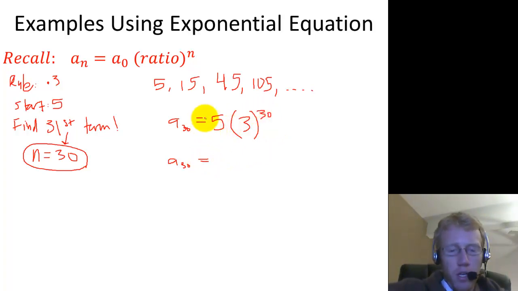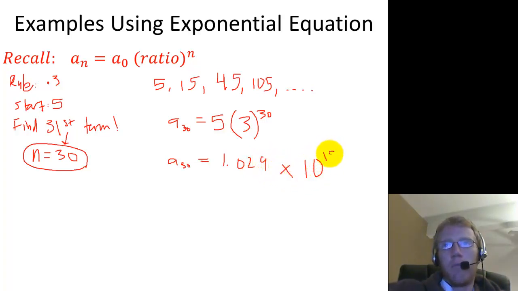So if I do 3 raised to the 30th power, and then I times by 5, holy smokes, you actually get a super, super big number. You get 1.029 something times 10 to the 15th power. Okay, so that number is really, really big. And not that useful to write down.